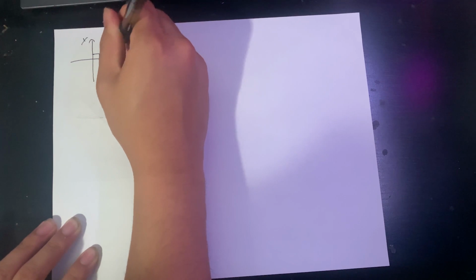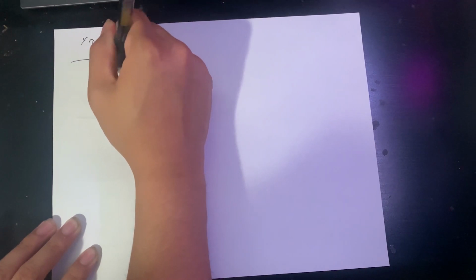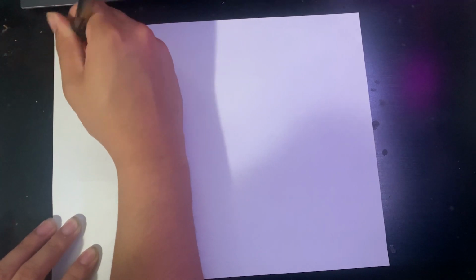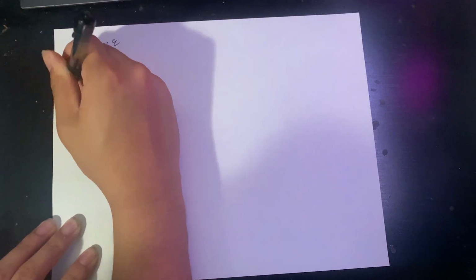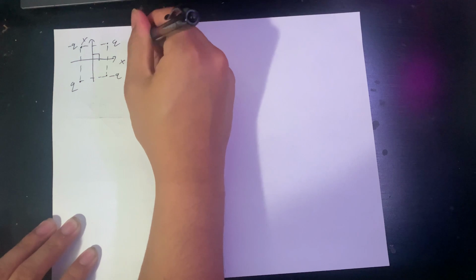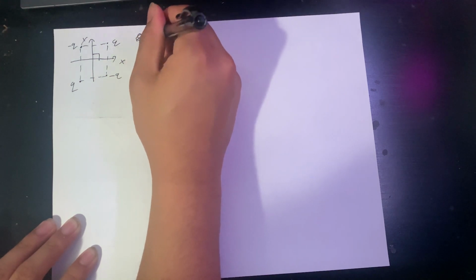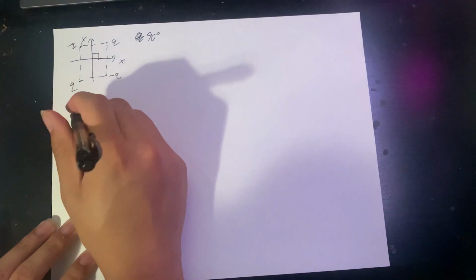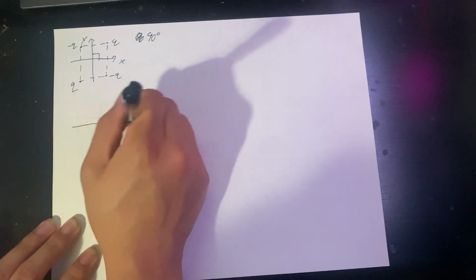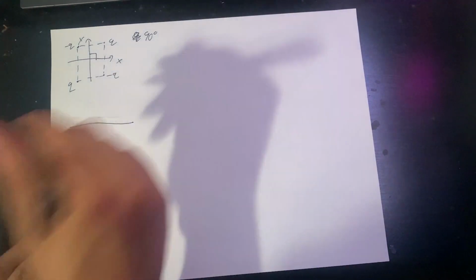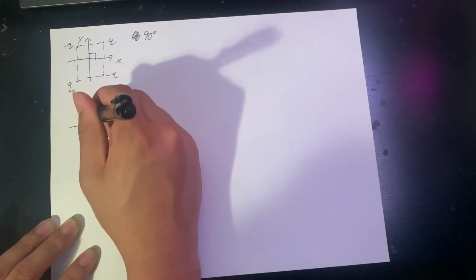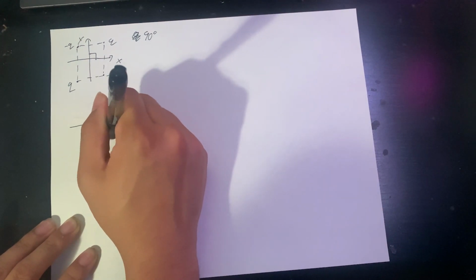Alright, we have a q here, a negative q here, and then our positive here. Alright, so we just proved that it works for 90 degrees. Alright, we know that it works for 180 degrees because that's just a regular plane. Alright, so if we had a q here, it is gonna make an image here.